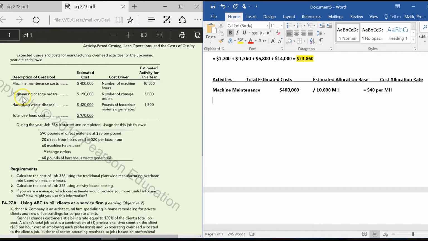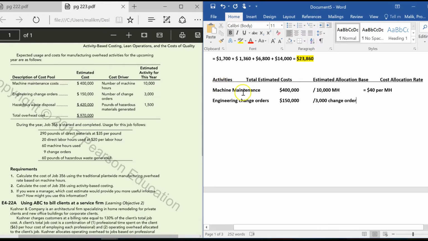Our second activity is engineering change orders. The total estimated cost is 150,000. It's given again, 150,000, and we know our cost driver is the number of change orders, and the total number of change orders, which is also estimated, is 3,000 change orders.